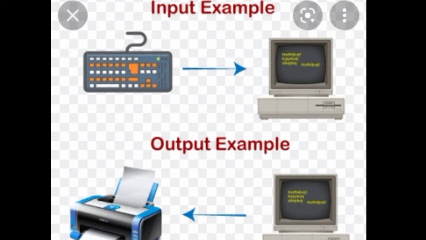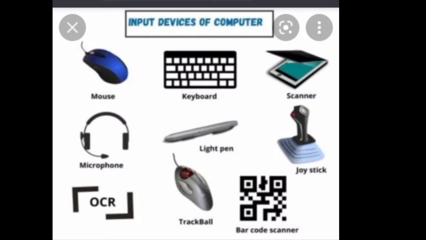So the next topic is input and output devices. What are input devices? Input devices are used to give instructions to the computer. Examples of input devices are keyboard, mouse, camera, scanner.